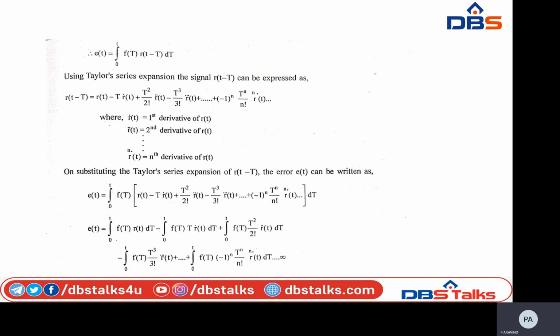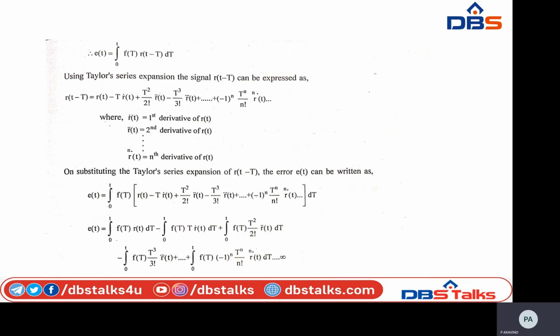And from this, by using Taylor series expansion, see the signal R of t minus capital T, capital T is the dummy variable.